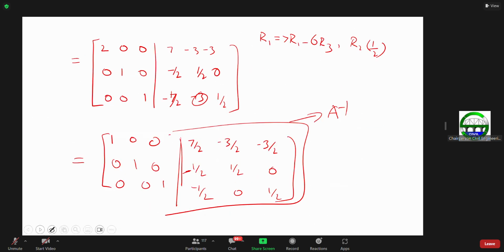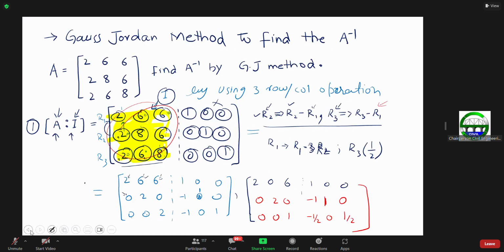You can apply column operations as well, but here try to apply row operations, because with column operations you would change the identity matrix, so it will not work. So in this method, mostly in the Gauss-Jordan method, we apply row operations.